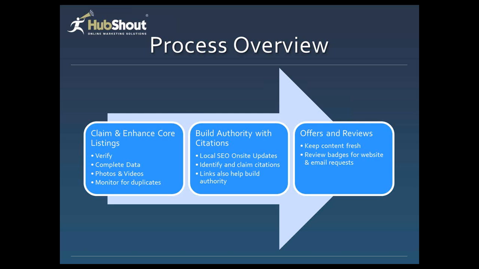So this is where traditional SEO still comes into play: your backlinks actually do count in building the authority of how well your local listing can rank in the search engines.